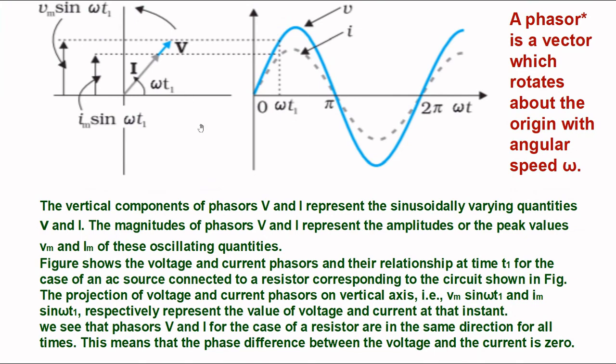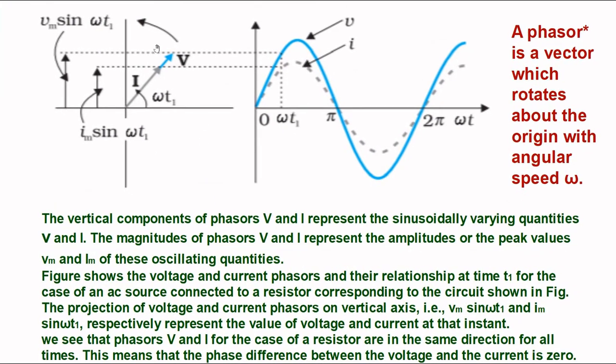Now the projections of voltage and current phasors on the vertical axis, which are Vm sin omega t1 and Im sin omega t1, represent the values of voltage and current respectively.